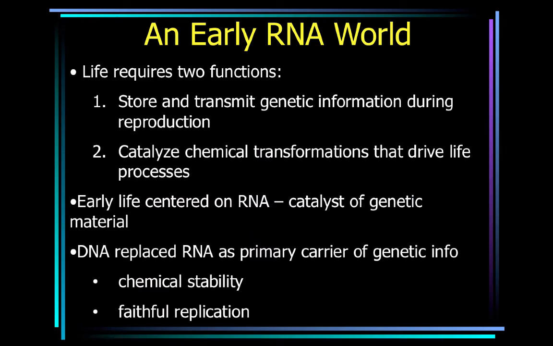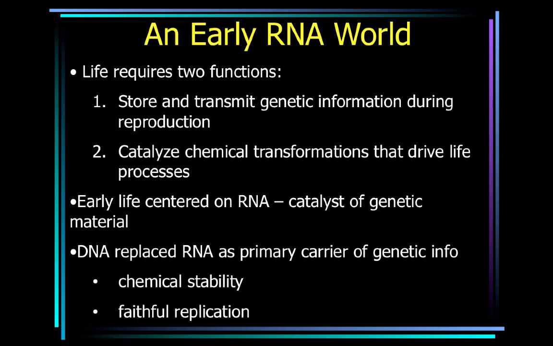So RNA was really the primary material of life, is what we think. Evolutionary genetics has really shown us that RNA was a big player as we started the evolutionary process. We know that life requires two main functions.